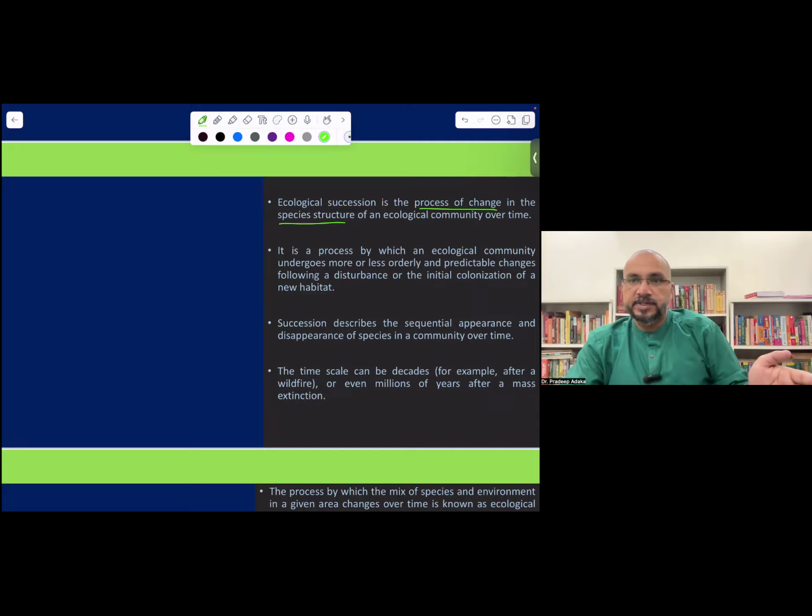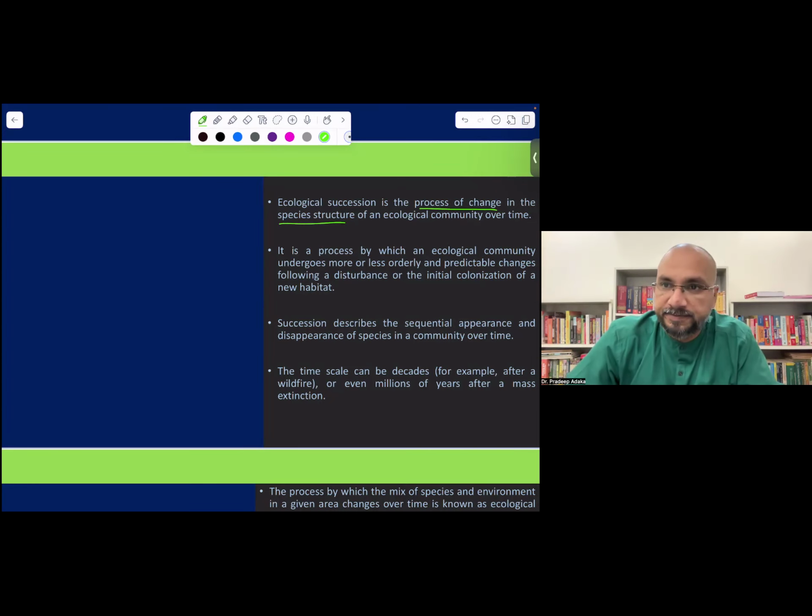There was earlier a species A. After some time, species A will be replaced by species B. Then after some time, B will be replaced by species C. And at the end, you will have a climax species, mature species, which is in equilibrium with the ecosystem. So there will not be further change. So species composition will change in an ecological community over a period of time. So this building up of community will take time. ऐसा नहीं है कि it will happen in 1 or 2 years. No, it may take 50 years or 100 years or even more than that also.